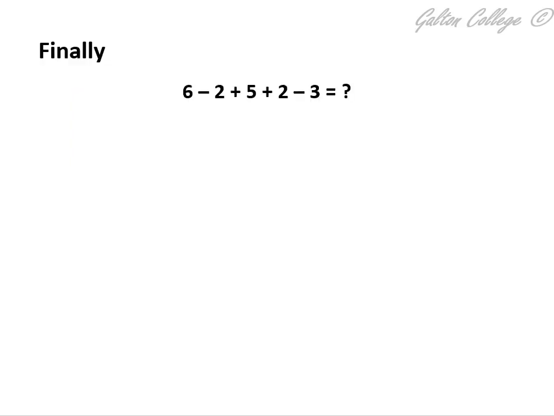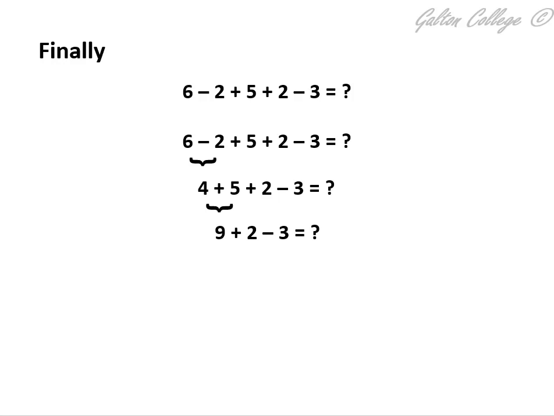Finally, look at this one. 6 minus 2 plus 5 plus 2 minus 3. Well, 6 minus 2 is 4. And that's 4 plus 5 plus 2 minus 3. 4 plus 5 is 9 plus 2 minus 3. 9 plus 2 is 11 minus 3.